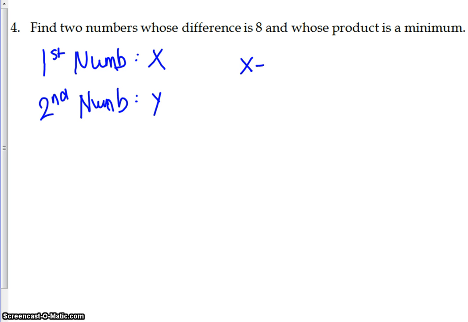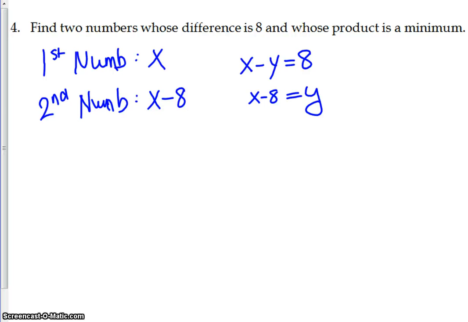The difference between the two is 8, so my y is x minus 8. So the second number is really the first number take away 8, because the difference between these two, x and x minus 8, is going to be 8.